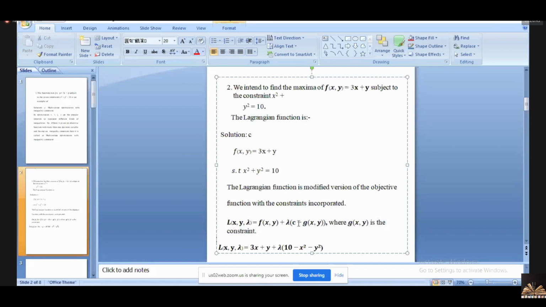That means 10 minus in brackets x square plus y square, which becomes 10 minus x square minus y square. This is how we write the Lagrangian function for the objective function with respect to the given constraint.